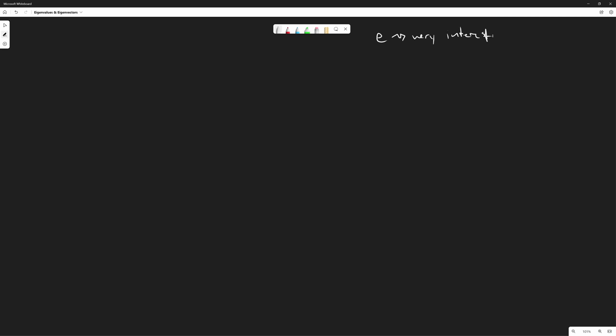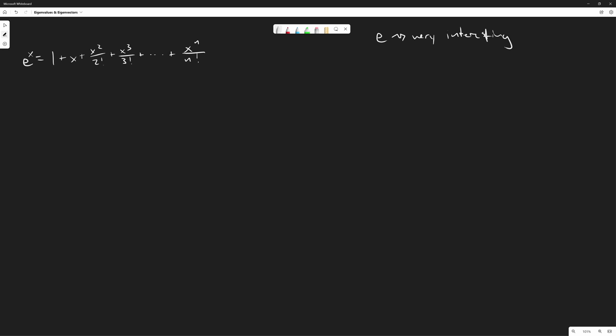If you remember in calculus, e to the x is equal to 1 plus x plus x squared over 2 factorial plus x cubed over 3 factorial, all the way to infinity, which in general will be x to the n over n factorial.